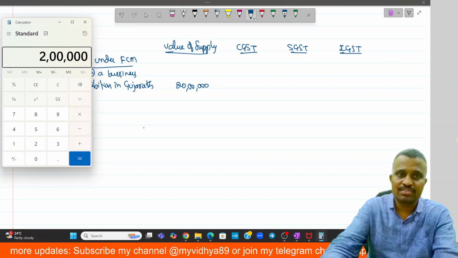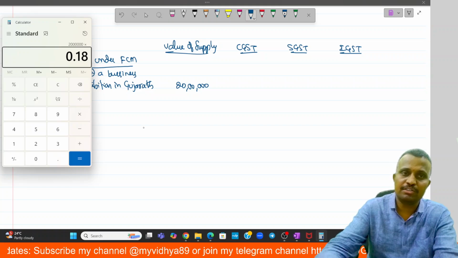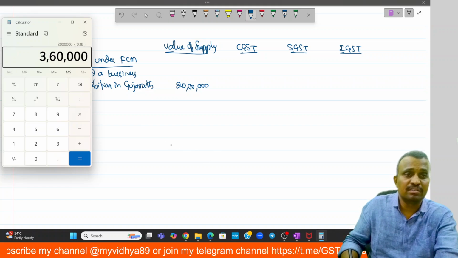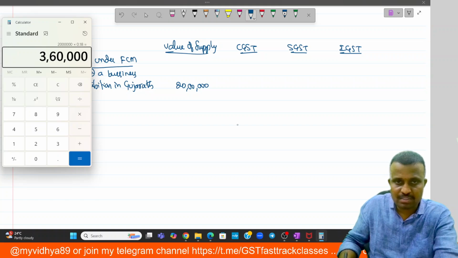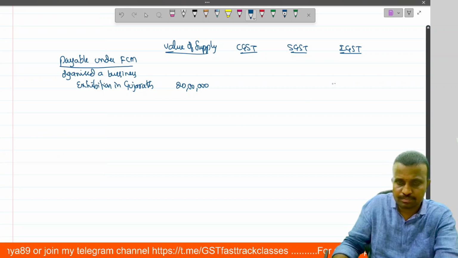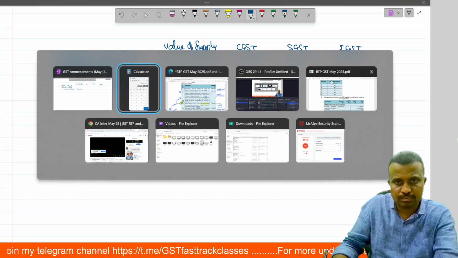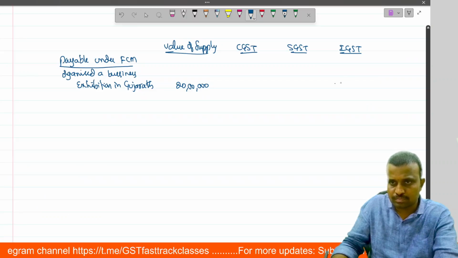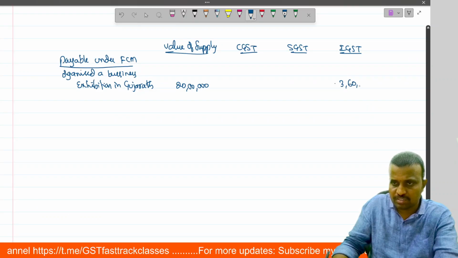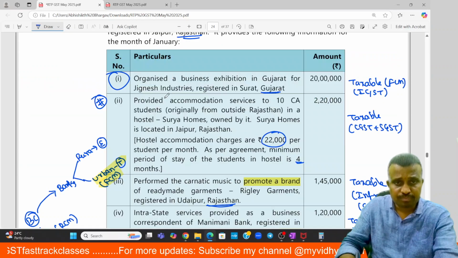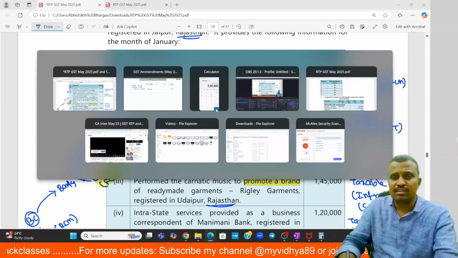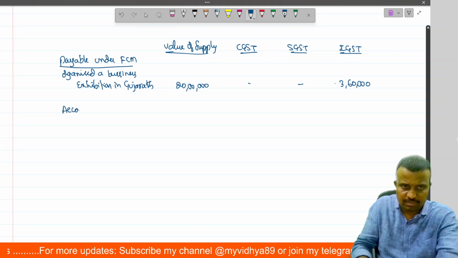So 20 lakhs into 18%, how much amount is that? 3,60,000. IGST is 3,60,000.